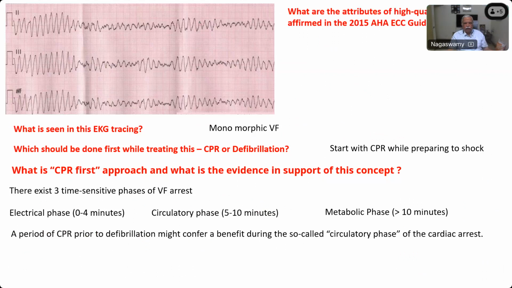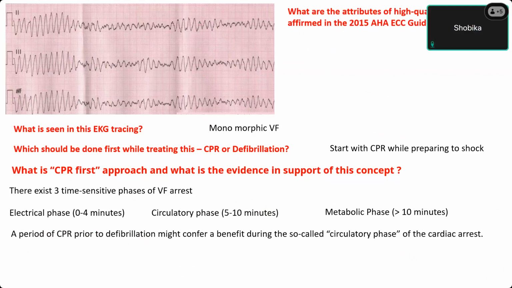What are the attributes of high quality CPR reaffirmed in the 2015 ECC guidelines? The rate should be 100 to 120 compressions per minute. We should allow a complete recoil of the chest.